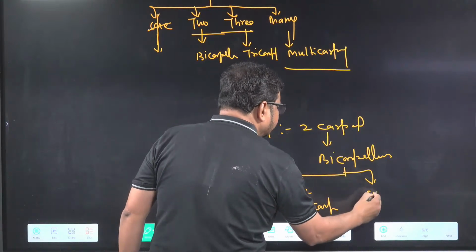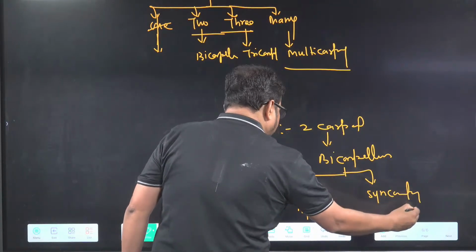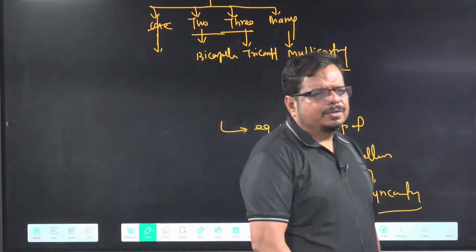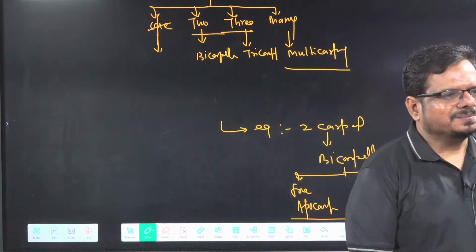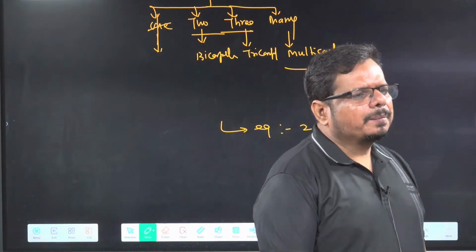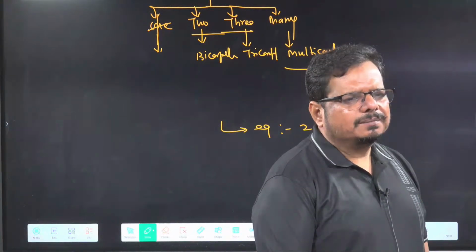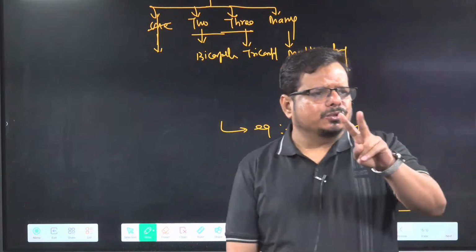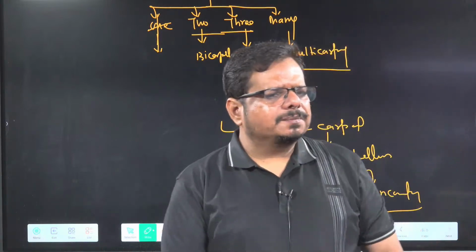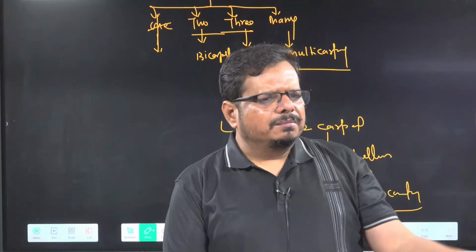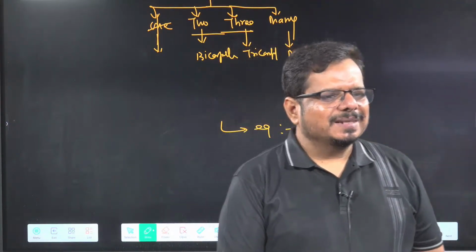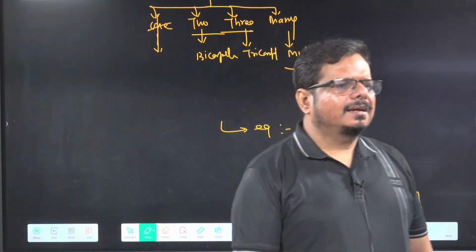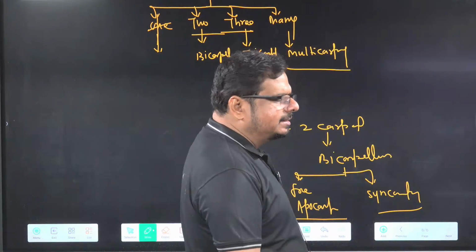If fused, we use syncarpous. So anywhere you see the words tricarpellary syncarpous, or bicarpellary syncarpous, you will understand. Clarity came? When two carpels are fused, bicarpellary syncarpous. Two carpels free, bicarpellary apocarpous. So today up to here only; placentation and another part we will start in the next class.